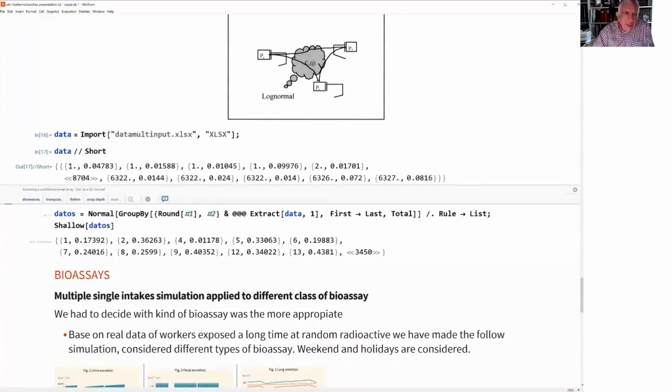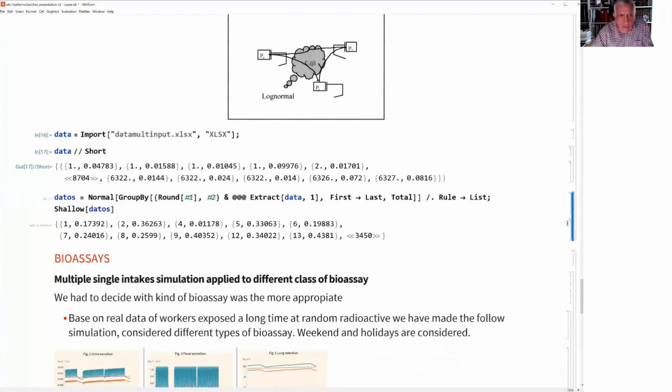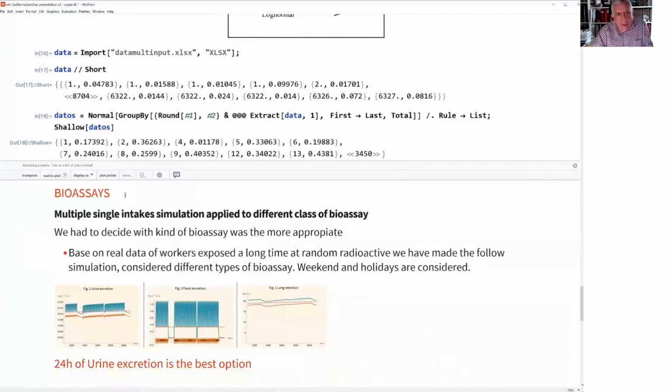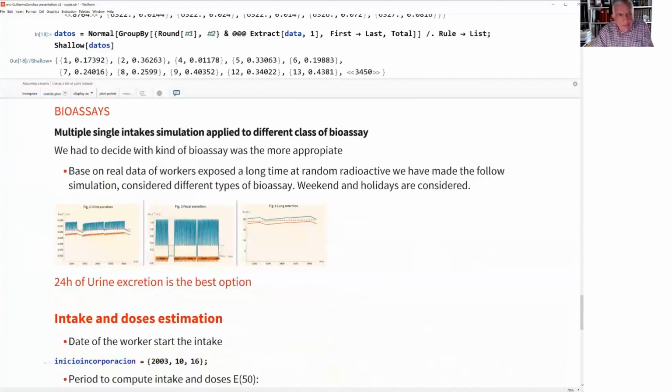It means that on day one, he received an intake of this quantity. The same day he also received this other quantity, and now we accumulate the intake for every day. We will need this information later.